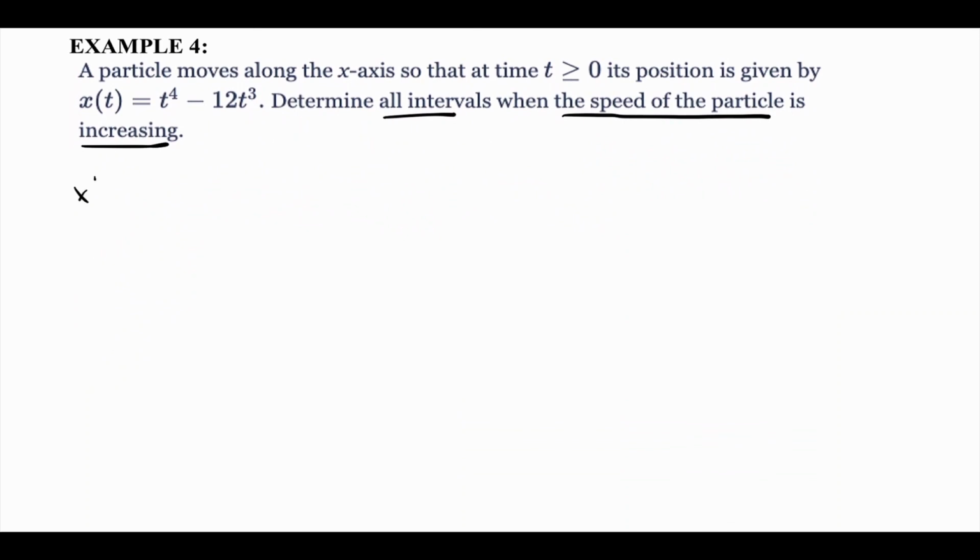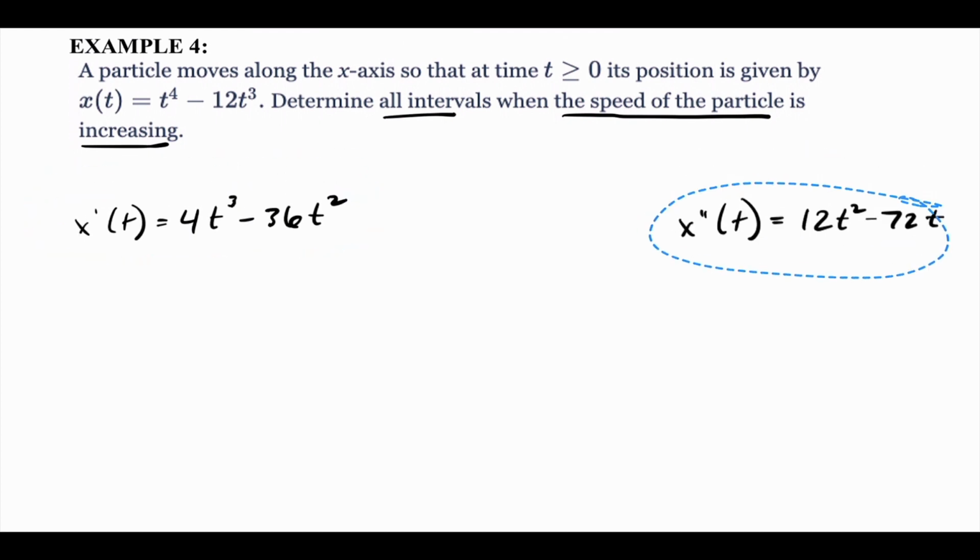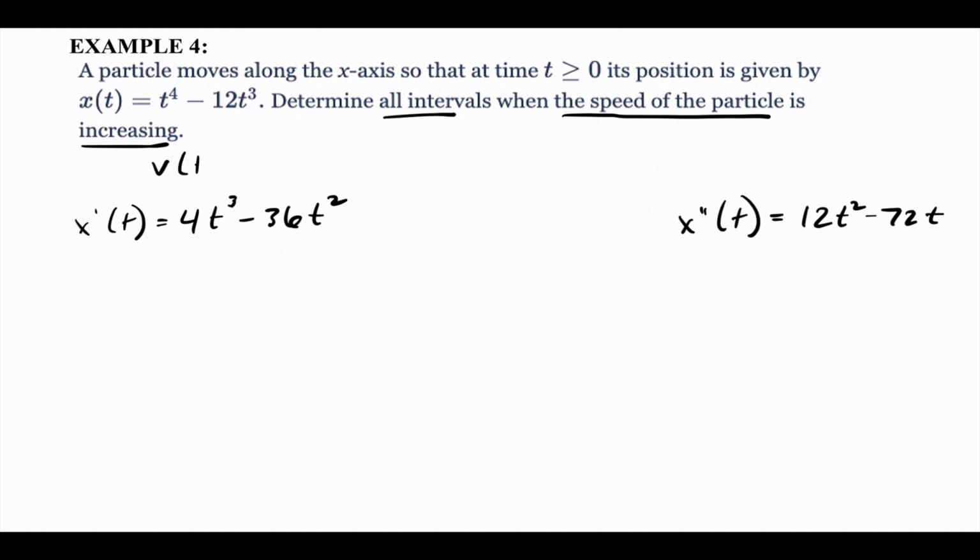So let me find velocity first: 4t to the third minus 36t squared. Acceleration: 12t squared minus 72t. So this is velocity. This is acceleration.